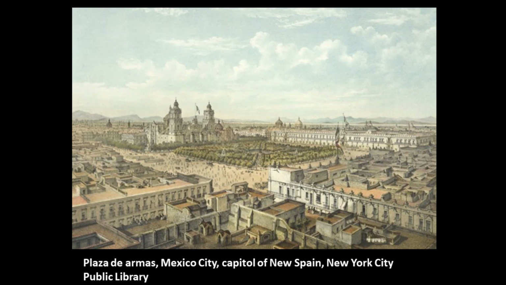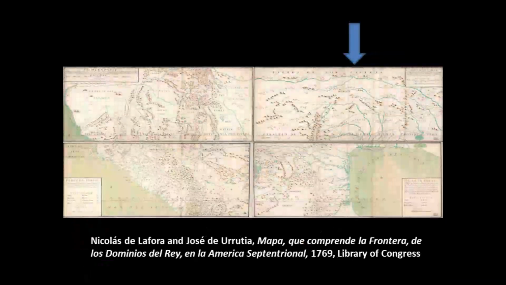Yet far more important, if you were living anywhere in the far northern provinces, so-called, of New Spain, if you were in what would become Arizona, if you were in New Mexico, if you were in Texas, it was far more important to your day-to-day existence and survival to be aware of the fact that you were sitting on the borders of native nations. It made no difference at all that you were part of the Viceroyalty.